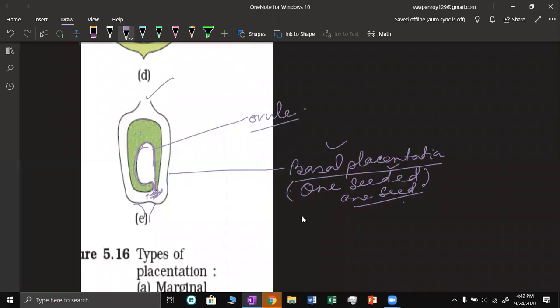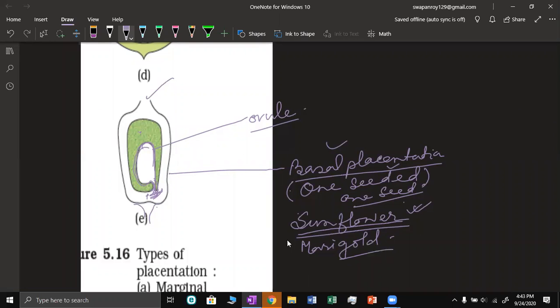Basal placentation we usually find in sunflower. In all the sunflower family, this type of basal placentation is found: sunflower, marigold, and all related plants.